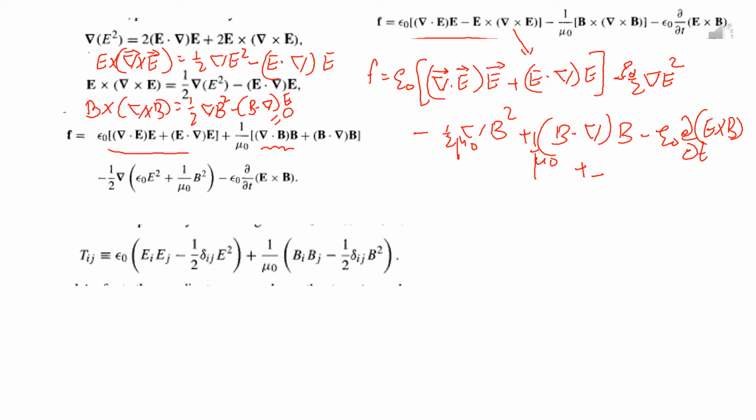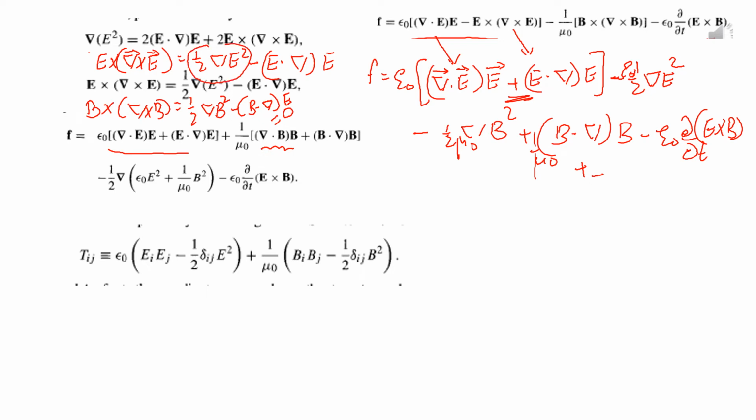Substituting this, we can write F equal to epsilon 0 del dot E times E minus, instead of E cross del cross E, you can write half del E square minus E dot del E. So E dot del E is substituted, and since there is already a minus, it becomes positive here. Then there is minus epsilon 0 times 1 by 2 del E square.